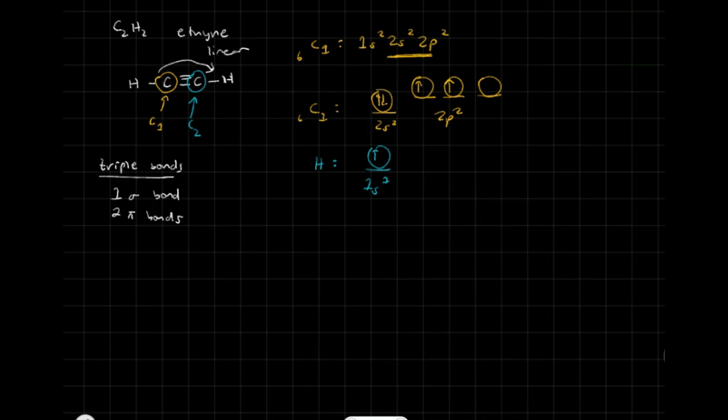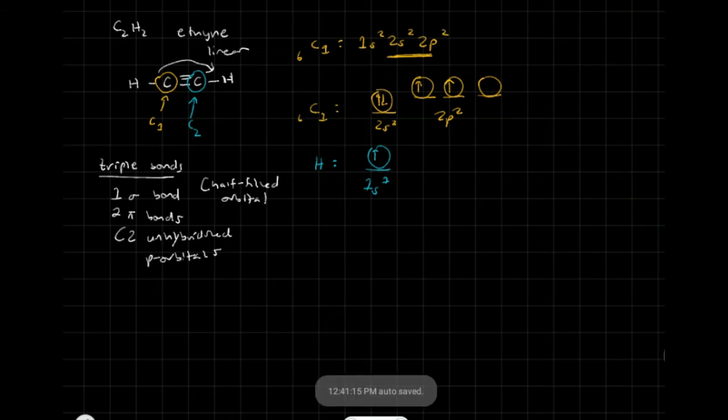Luckily for us, we actually have two half-filled orbitals, but for two pi bonds, you need two unhybridized p orbitals. So we need one sigma bond, which needs a half-filled orbital, and we need two unhybridized p orbitals. In this case, we do have two unhybridized p orbitals, but we don't have a half-filled orbital.